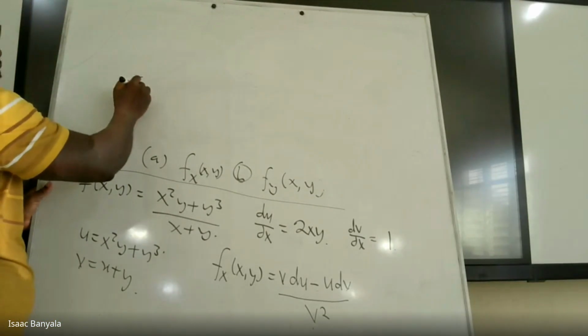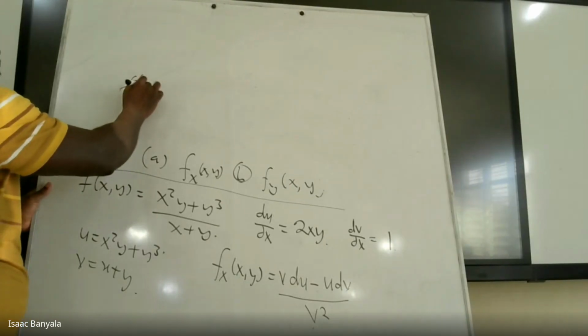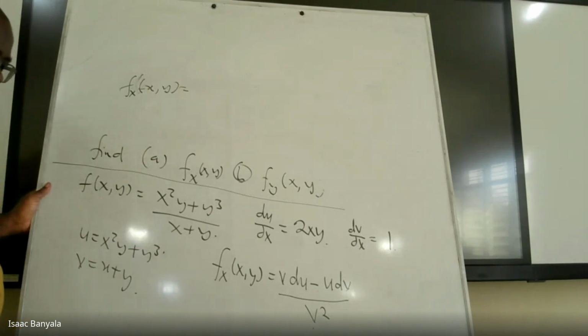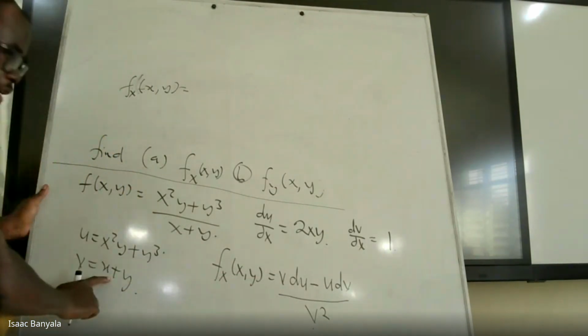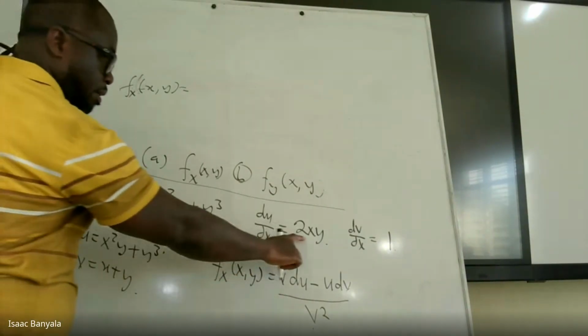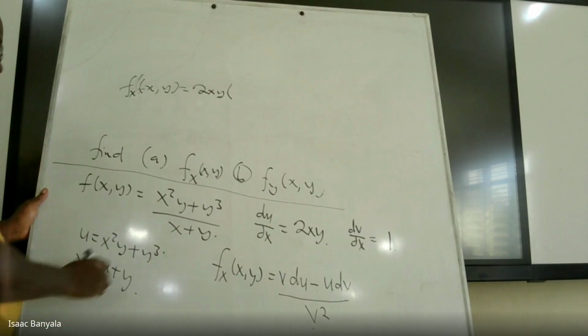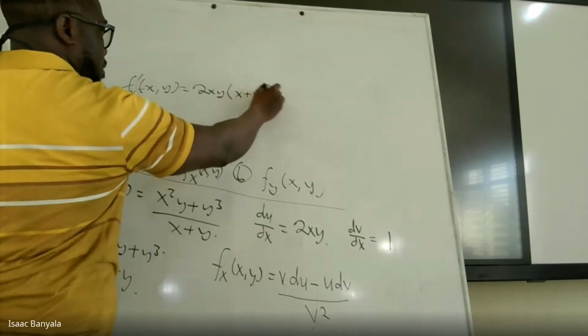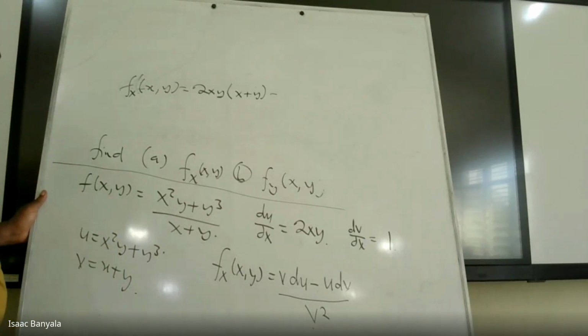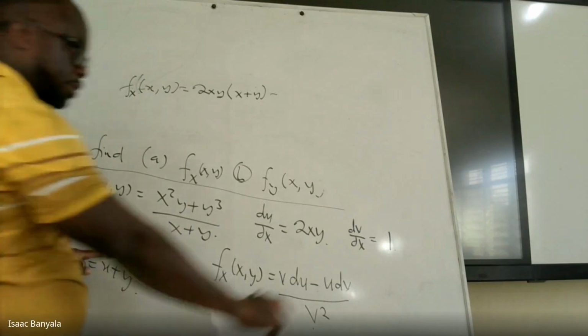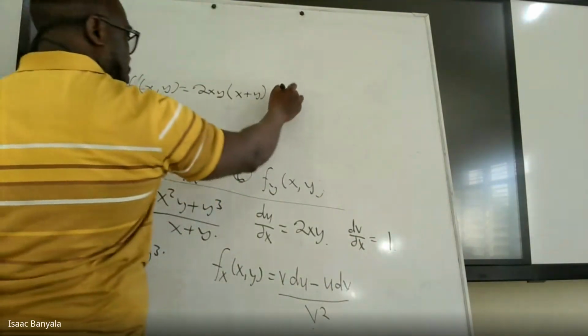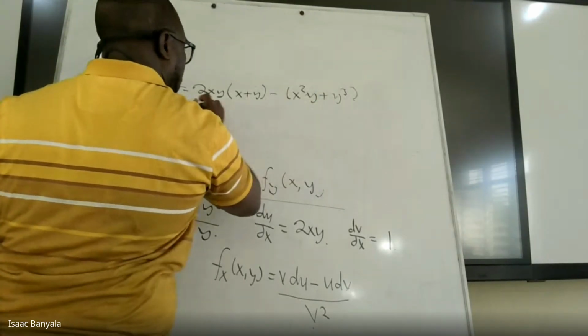So we have v, du is 2xy, into bracket x plus y, minus, then we have this times what? 1. We have x squared y plus y cubed, all over x plus y all squared.